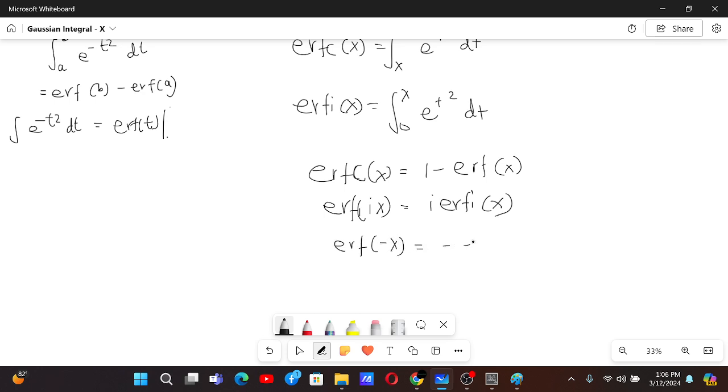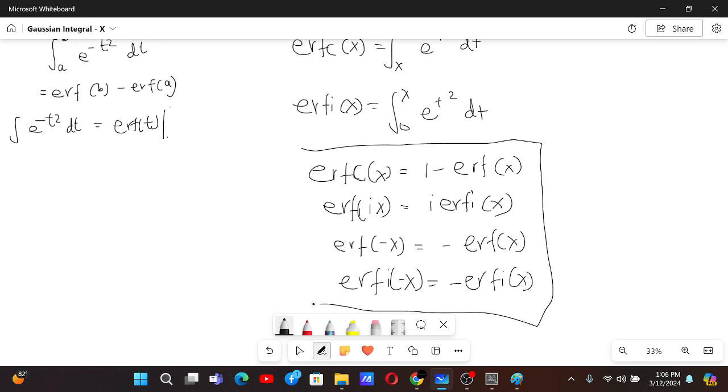That is, this is an odd function. And the last one is erfi is also an odd function: erfi of minus x is equal to minus erfi of x. You can derive these 4 formulas that will be helpful in solving problems, and they can be derived from the definitions themselves.